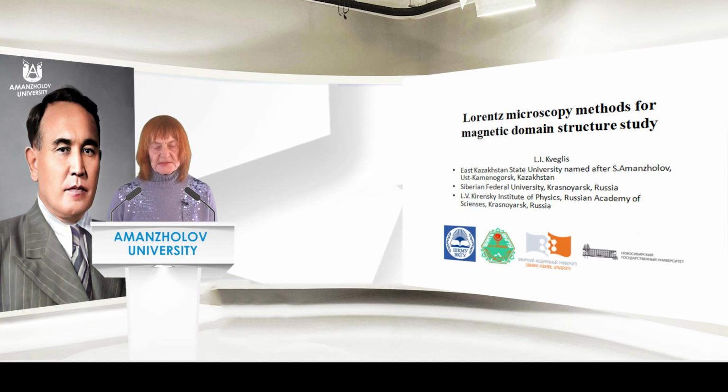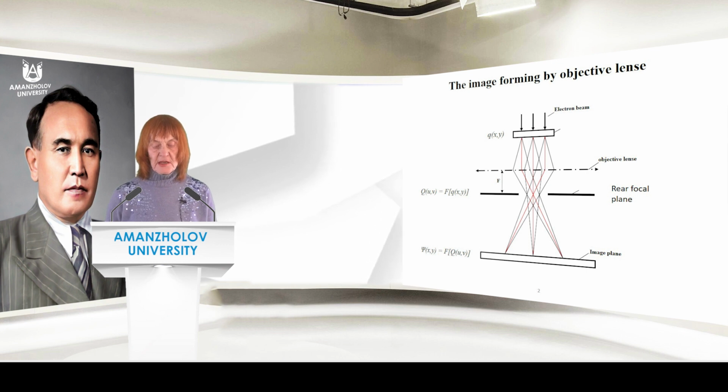My report is on Lorentz microscopy methods for magnetic domain structure study. Present transmission electron microscopy methods allow us to solve an extensive range of research problems in solid state physics and material science.